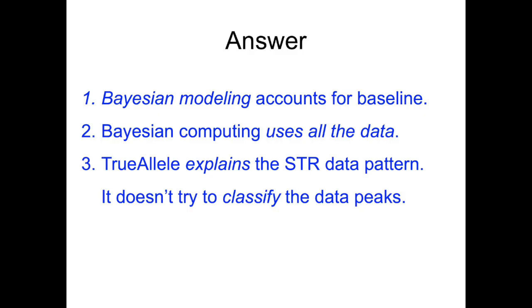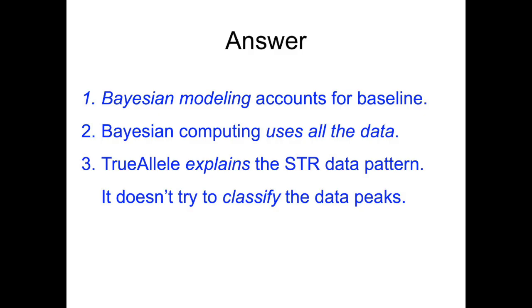The answer is, basically, TrueAllele's Bayesian modeling has modeled baseline and background noise for 25 years. It was built to model this. There are variables that model what the baseline is and figure it out from the data for every locus at every experiment. And that's just part of TrueAllele.